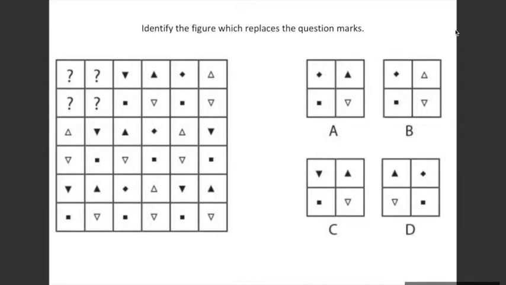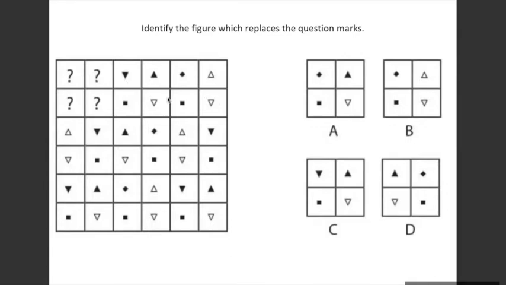Ma'am, in the first row, if we start from the right side, it's an empty triangle. Then it's a diamond shape. Then it's a triangle. Then it is an inverted triangle. So I guess again an empty triangle will come, and then a triangle and a diamond shape.